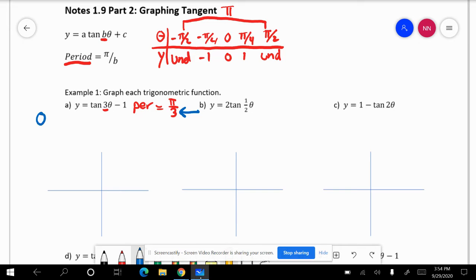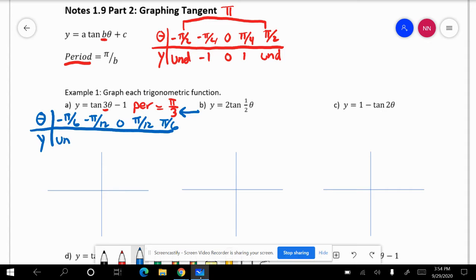So when we're creating the table, we have negative pi over 6, negative pi over 12, 0, pi over 12, and pi over 6. That right there would be our theta values.